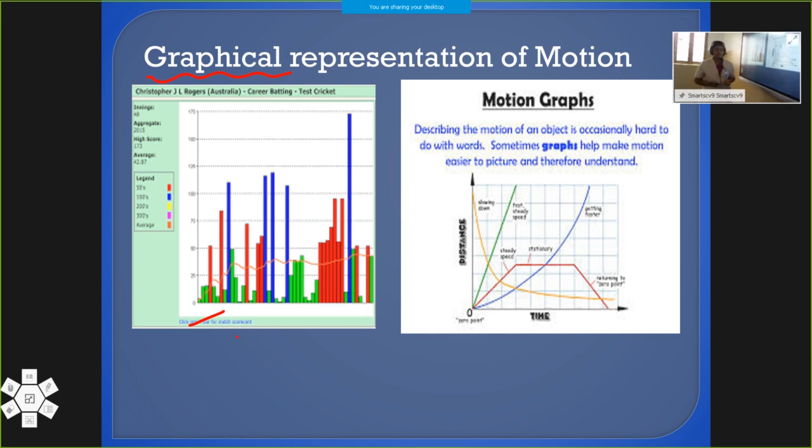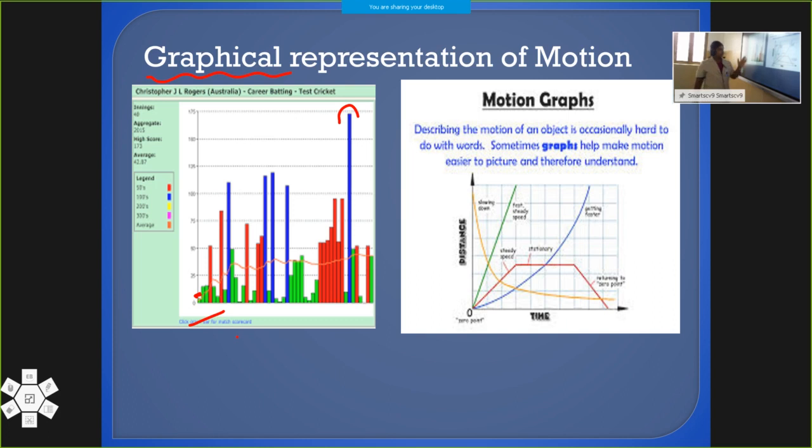What is the use of that? At a glance you will be able to identify the run rate, and which player scores more. It is easy to interpret using a graph. Instead of writing the scores, when we look at the graph, we will be able to identify this is the highest and this is the lowest. So a graph gives an easy interpretation.